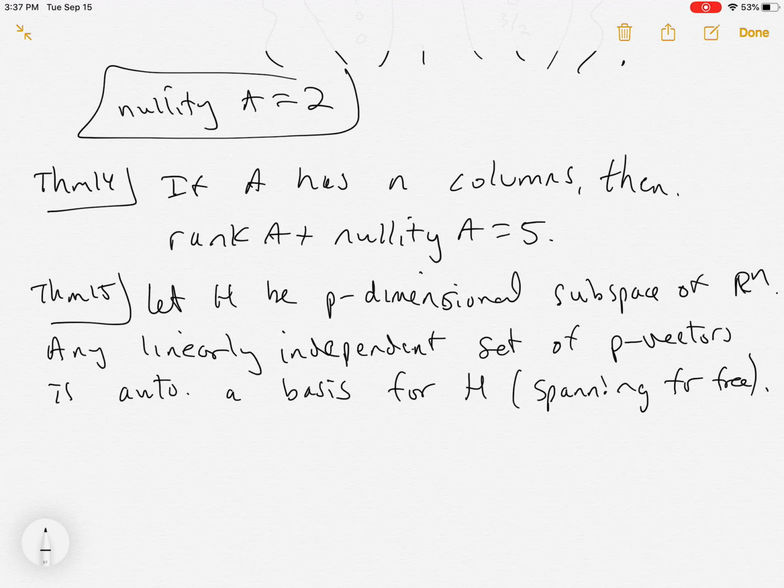Right? So if you know H is P dimensional and you have P vectors, all you got to do is show linear independence. You get spanning for free, and it's automatically a basis.